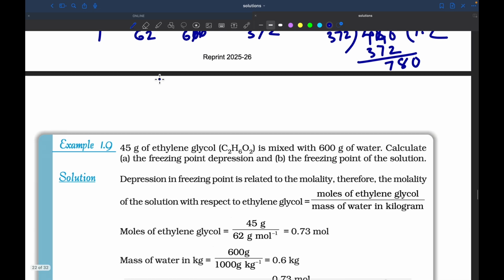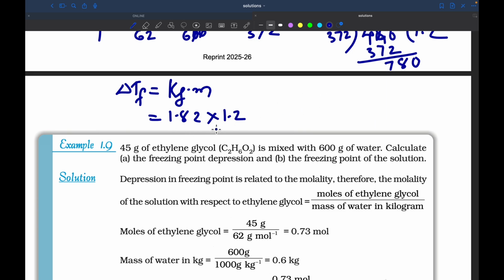So then we calculate delta Tf. Delta Tf equals, what is the formula we should use? Kf into molality. So Kf is 1.82, which is not given here, into 1.2.